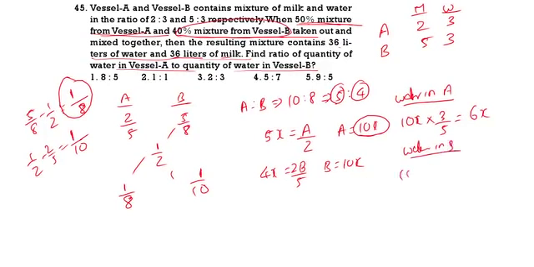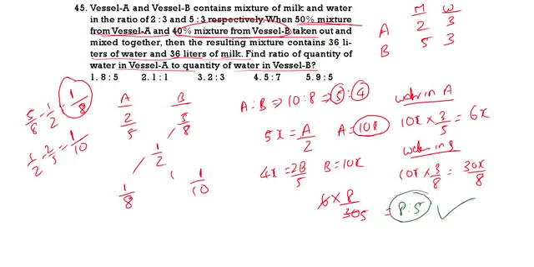That is 10x into 3 by 8, that is 30x by 8. We want this by this: 6 by 30 by 8, or else 6 into 8 by 30. So the answer we get is 8 is to 5. 8 is to 5 is the correct answer.